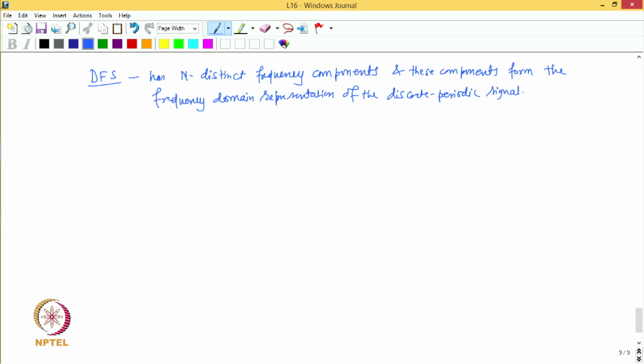And then the k we can also take from, say, minus n by 2, then minus n by 2 plus 1, going up to 0, then 1, then 2, going up to n by 2 minus 1. So, I can take these indices k from minus n by 2 to n by 2 minus 1, okay.